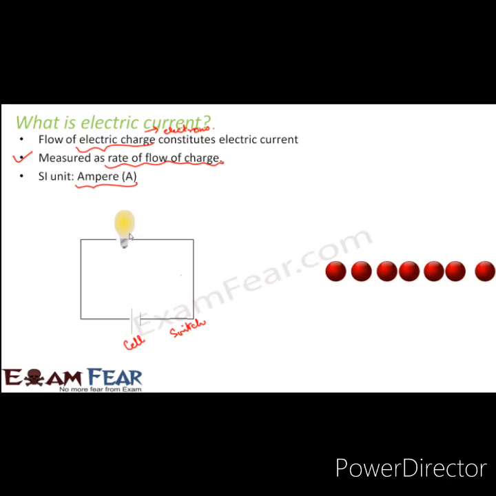Whenever we switch on, all the balls in this circuit tend to move. But when the switch is open, the balls do not move. They become static, and as a result there is no current flowing through the circuit, and therefore the bulb doesn't glow. So in very simple terms, that is how the concept of electric current works.